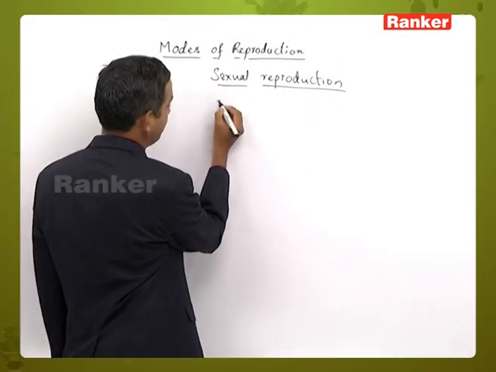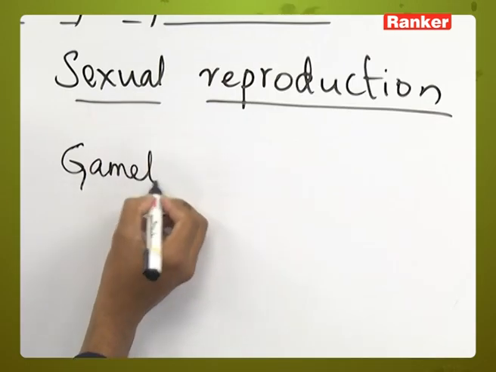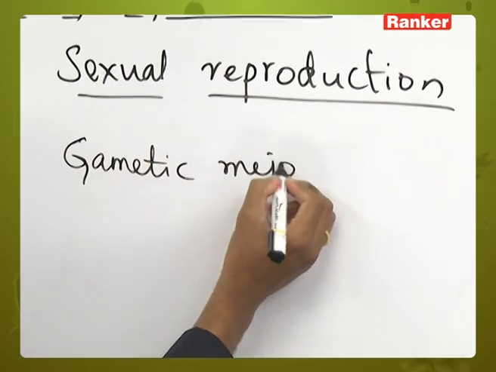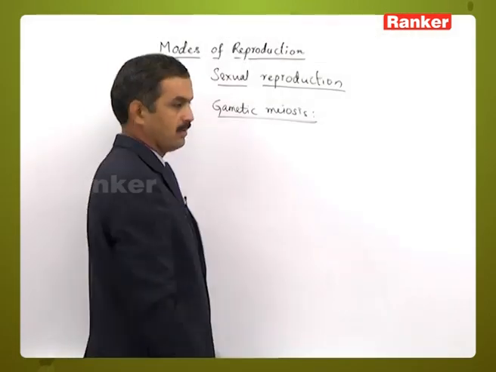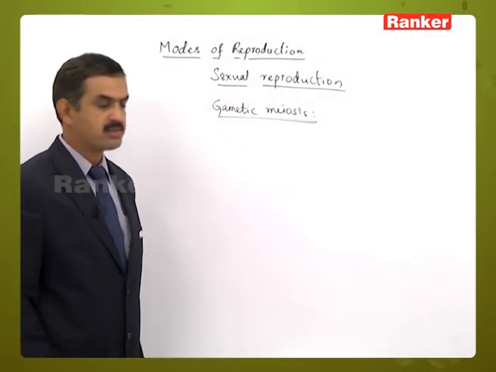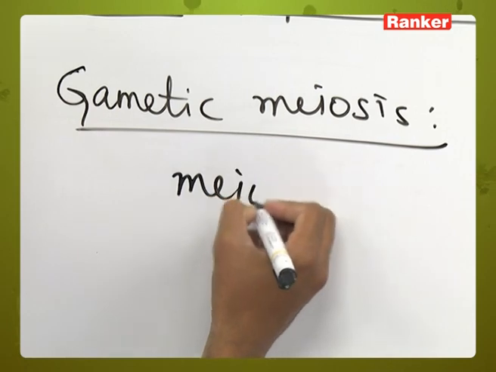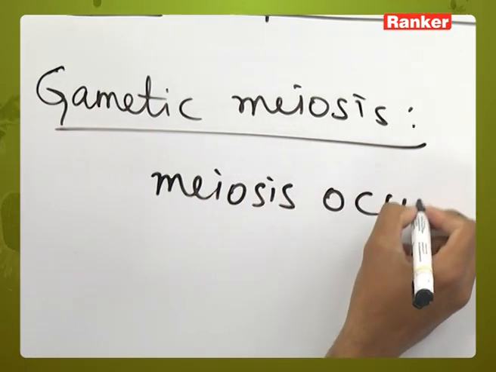The third one is gametic meiosis. Gametic meiosis is observed in animals where the meiosis occurs during gamete formation.